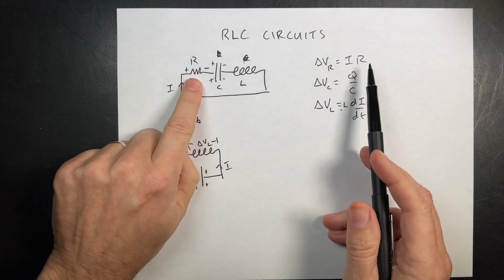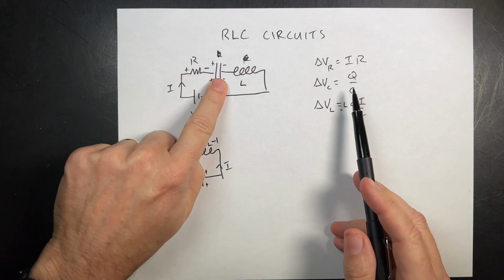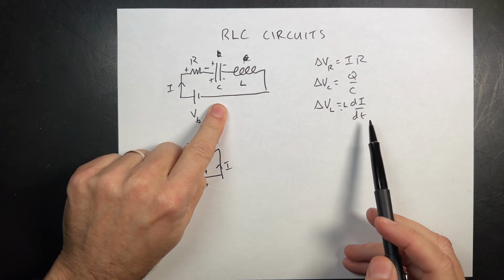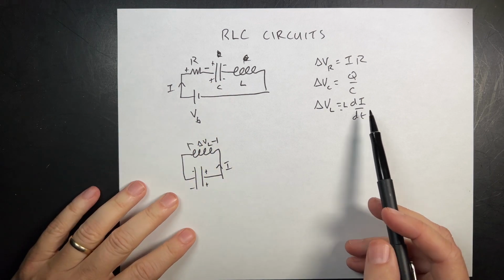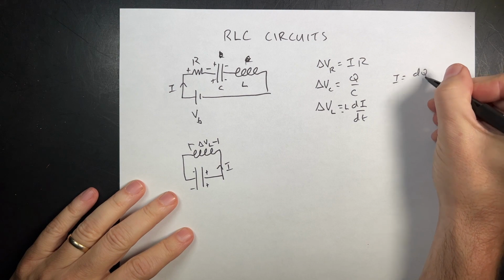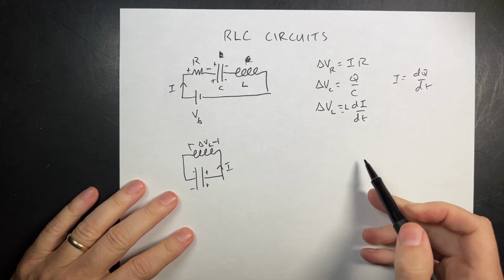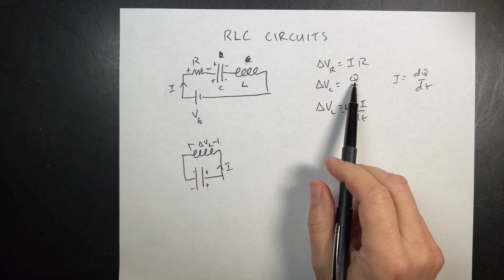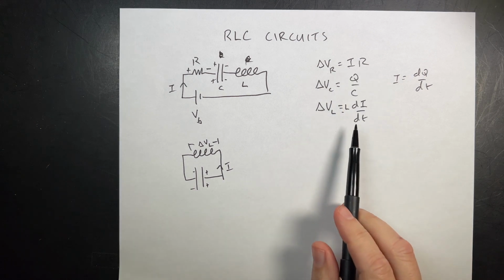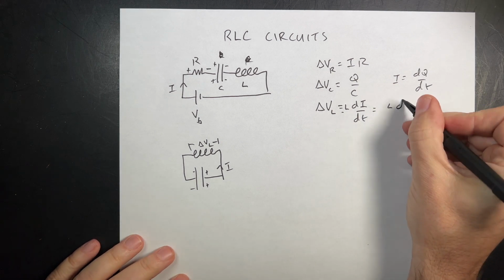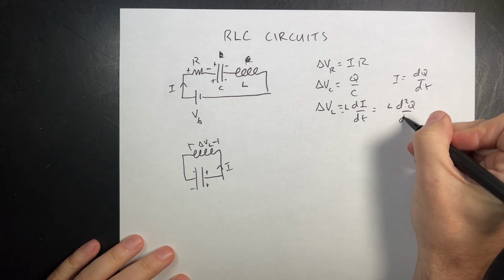So we have this IR, this Q over C, and this L dI/dt. And you'll notice that if you say I is dQ/dt, then these are all functions of charge: charge, first derivative of charge, second derivative of charge. Because I can write that as L times the second derivative of Q with respect to t.